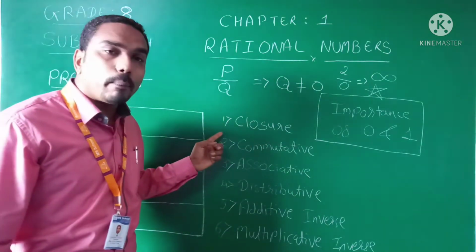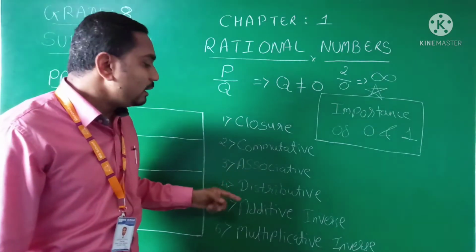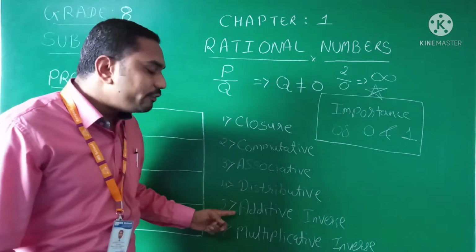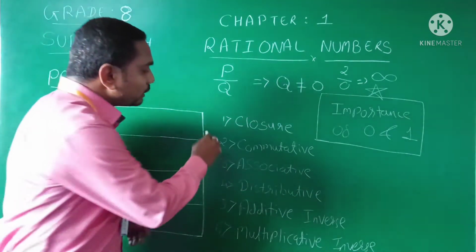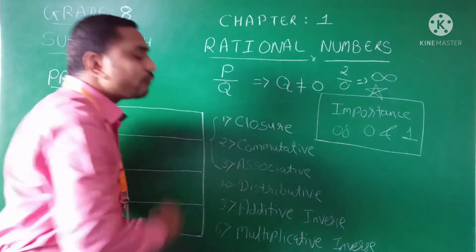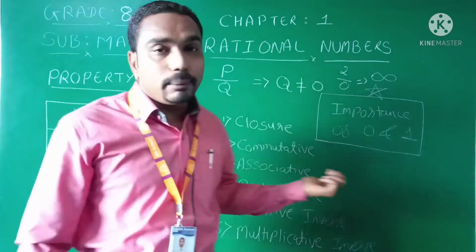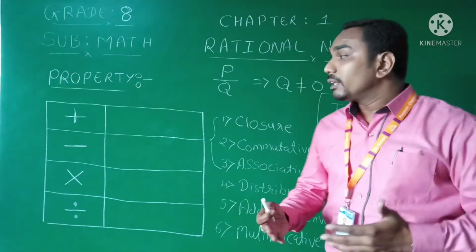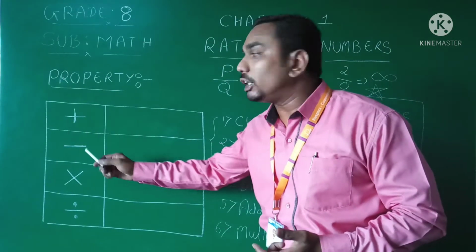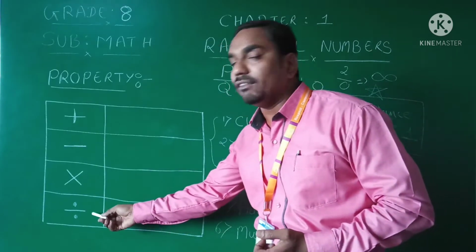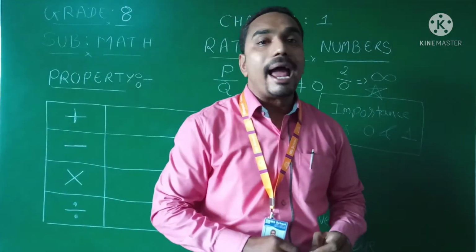First one is closure property, second commutative property, third associativity property, fourth distributive property, fifth additive inverse, and sixth multiplicative inverse. For the first three, we need to understand their relation to the basic 4 operations in mathematics: addition, subtraction, multiplication and division. So let's start with the importance of 0 and 1.